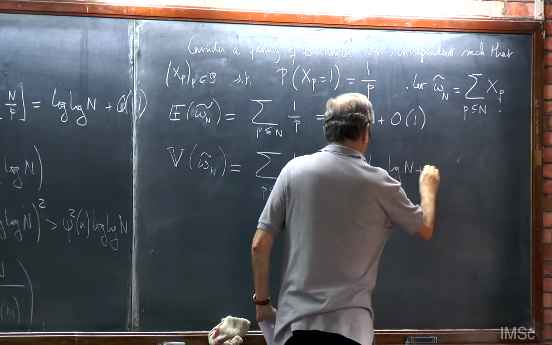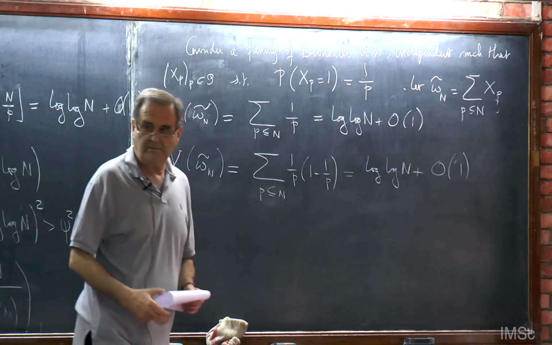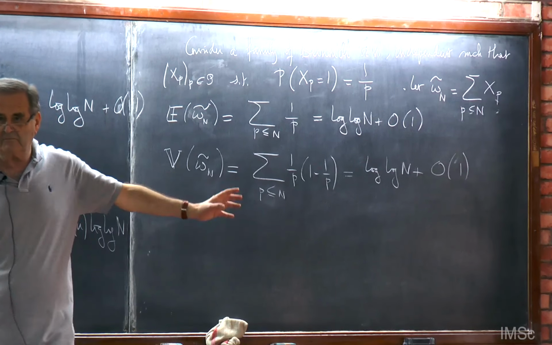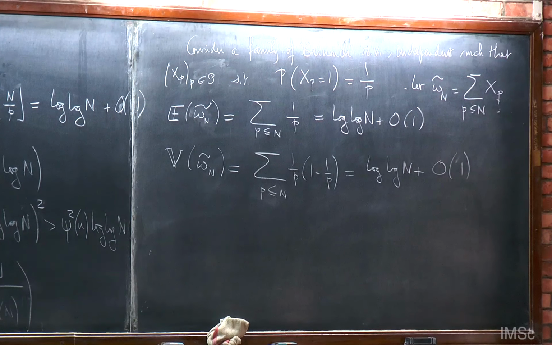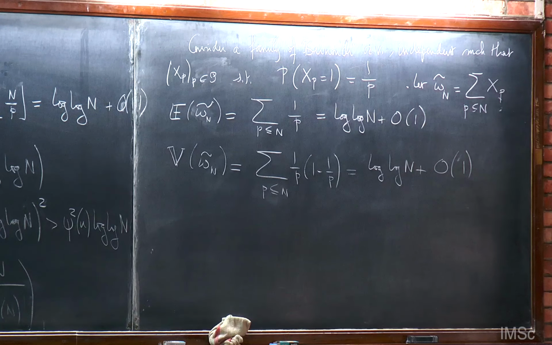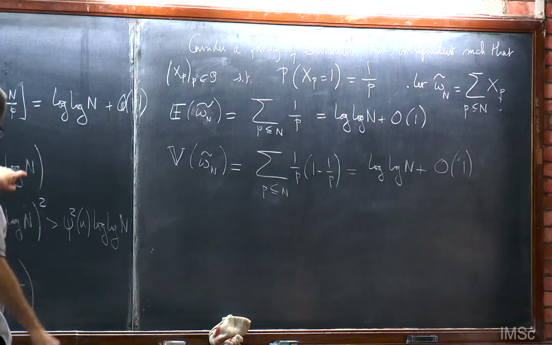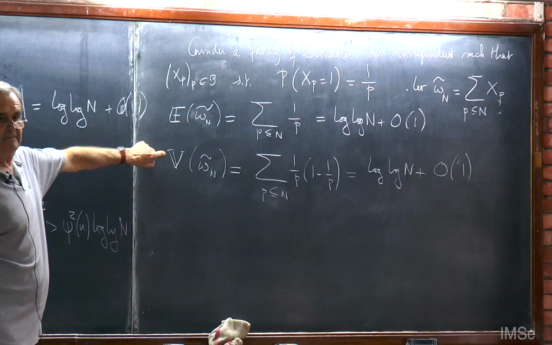But summing 1 over p squared, well, 1 over p squared is a convergent series, so it is big O of 1. I mean, convergent has nothing to do with prime numbers. Just take an upper bound with all the integers. The sum of the inverses of the squares is convergent. So this part is easy.